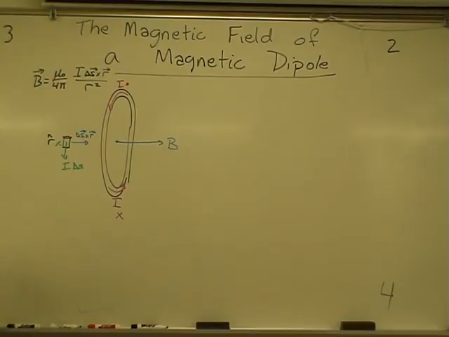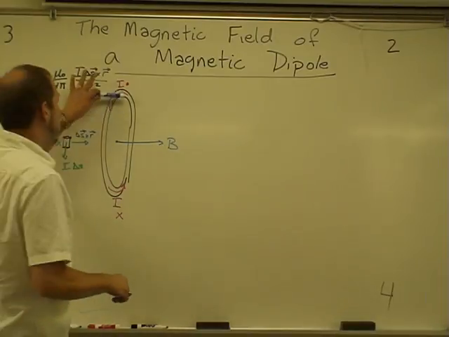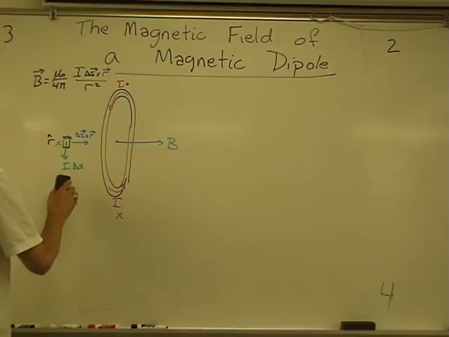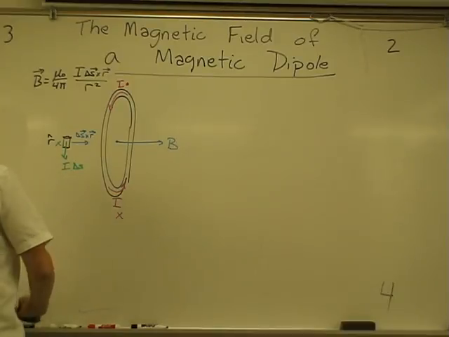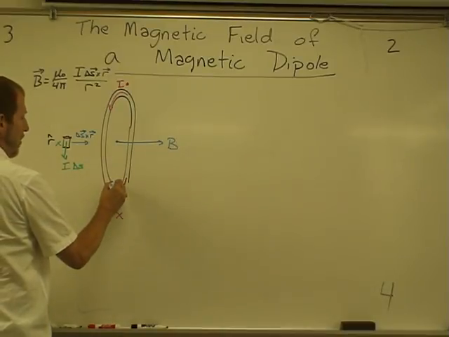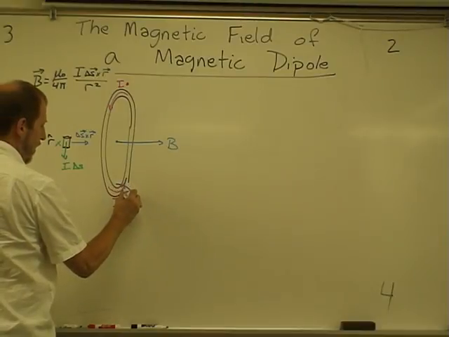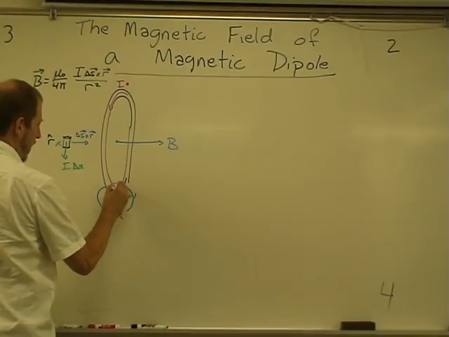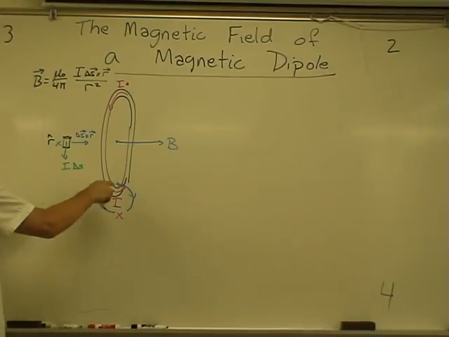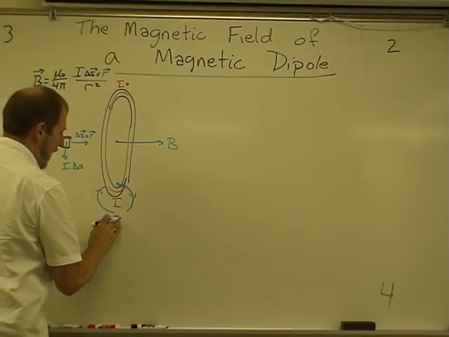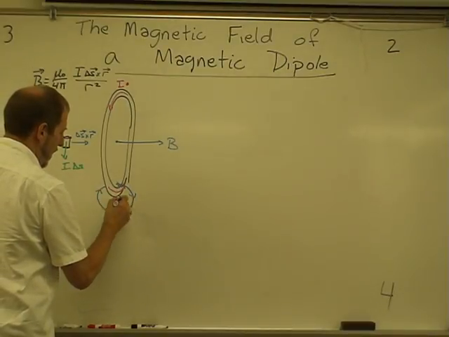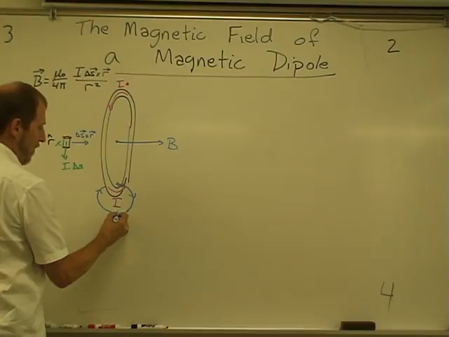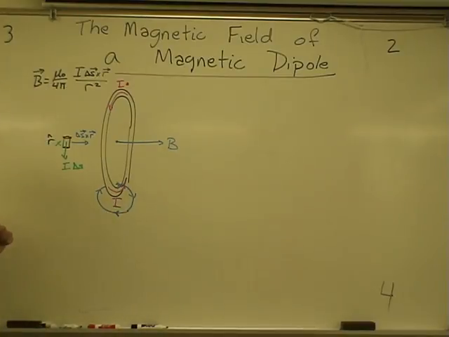If I set this up, what I'll find by looking across this is, very close to one side, I'll get the magnetic field going out, and if I go to a distance to the other side, I'll get the magnetic field going in the opposite direction. So inside the loop, to one side of the wire, the magnetic field will be coming out of the board.